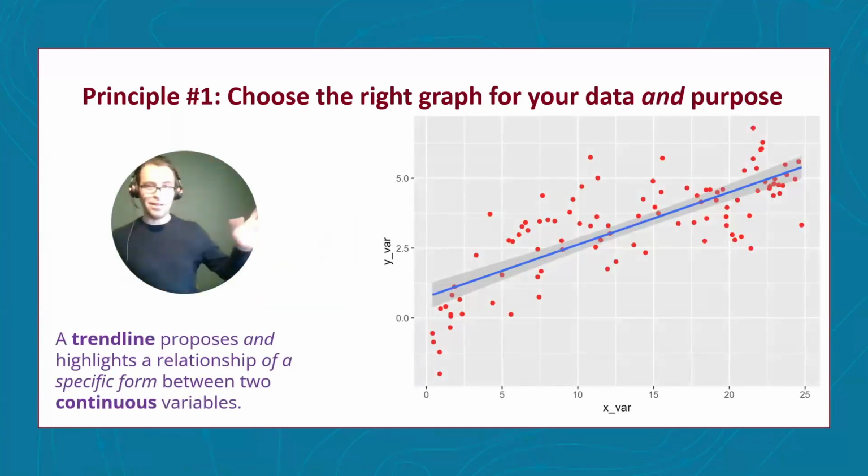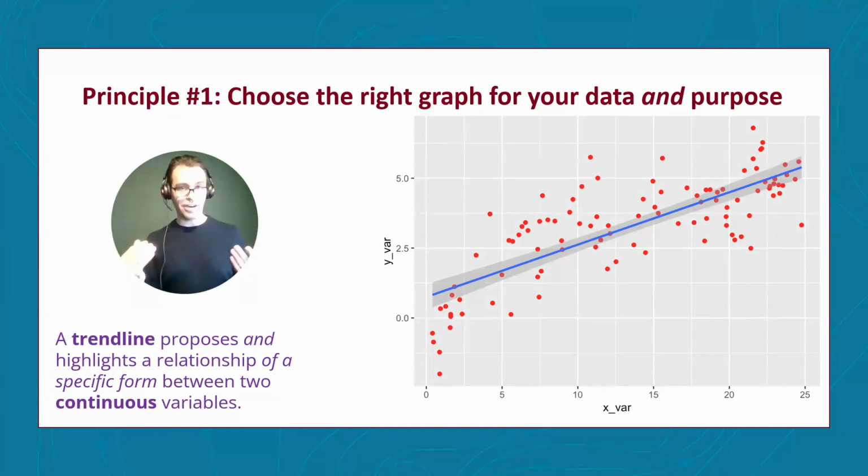As an example, let's consider one of the most common elements of a scatter plot graph, which is a trend line or best fit line. A trend line is used to propose and highlight a relationship of some specific form, usually a linear one, between two variables.